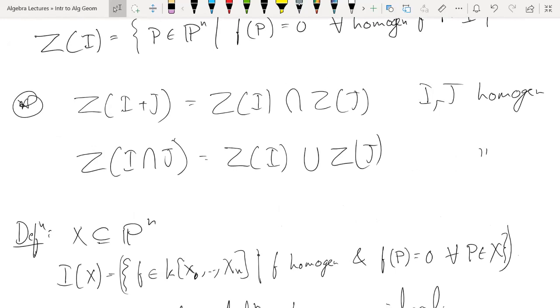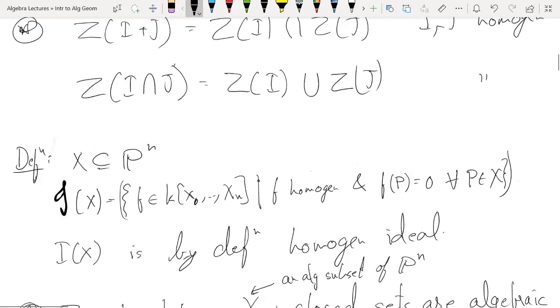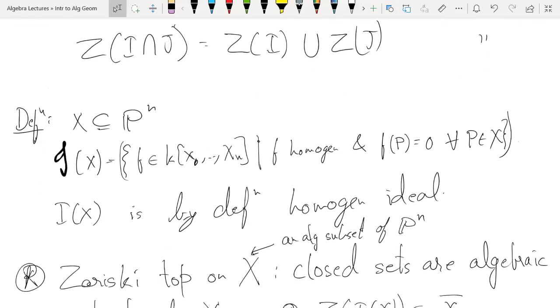If you are given a subset of Pn, then you can define its ideal. About the notation: I've been using script I and standard I interchangeably. I think in the earlier part I was using script I, so let's just stick to it.